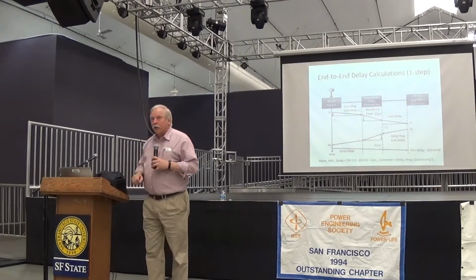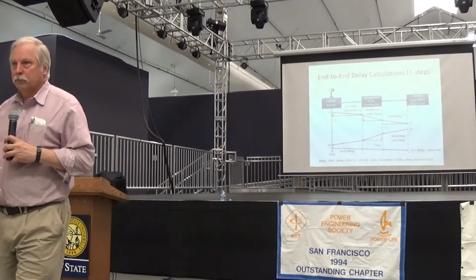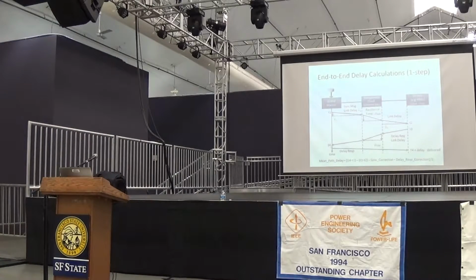This method, however, yes? What will be the variance in the residence time delay, depending on how busy the switch is? What's the actual variance? I don't know the answer to that one.